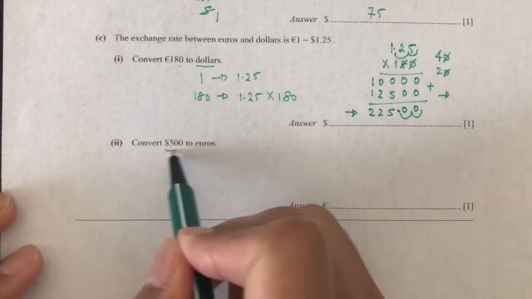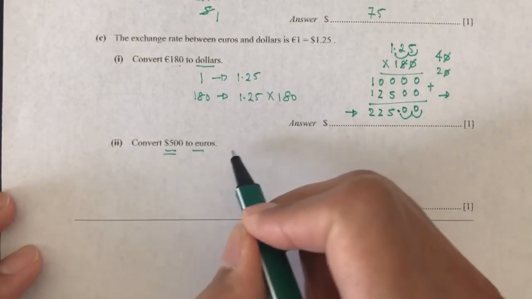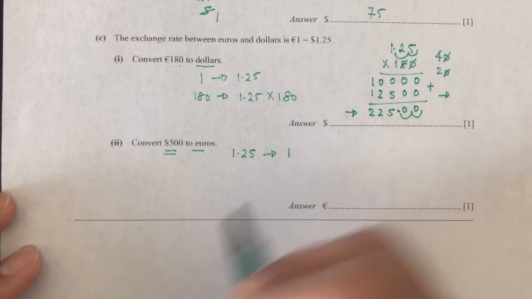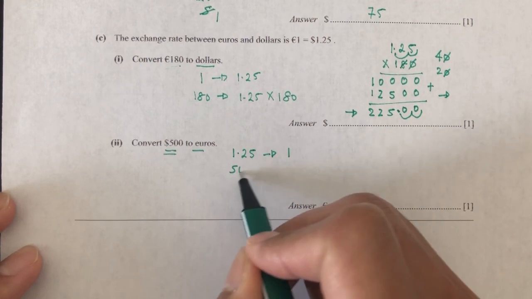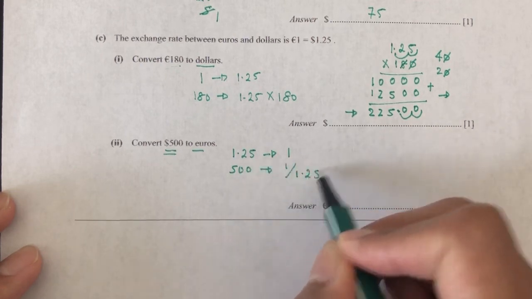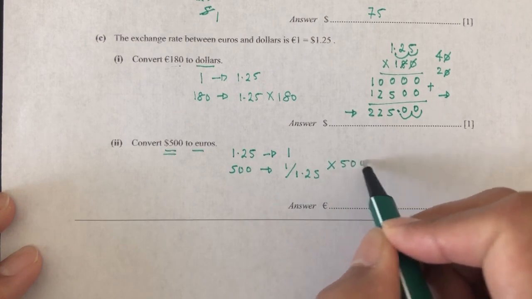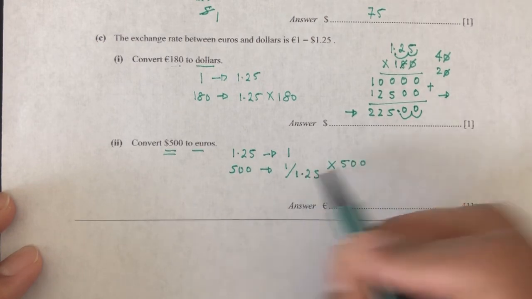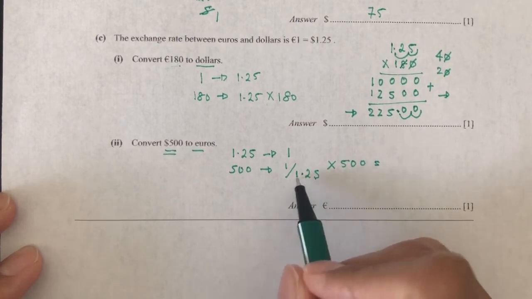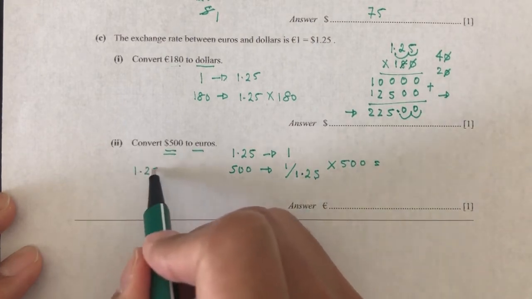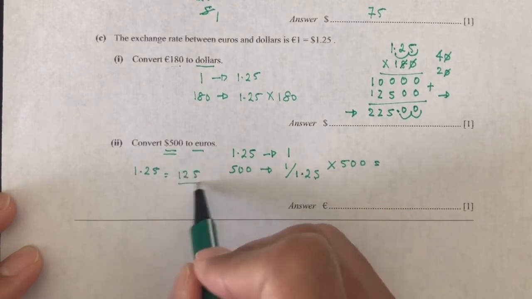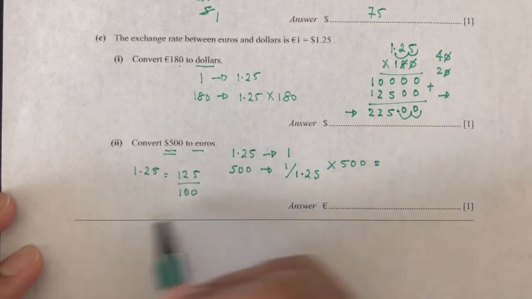So now we have to convert $500 to euros. We know that $1.25 is equal to 1 euro. So how much is $500? We have to do 1 divided by 1.25 times 500. We can convert this to a fraction. 1.25 is equal to 125 divided by 100, right?